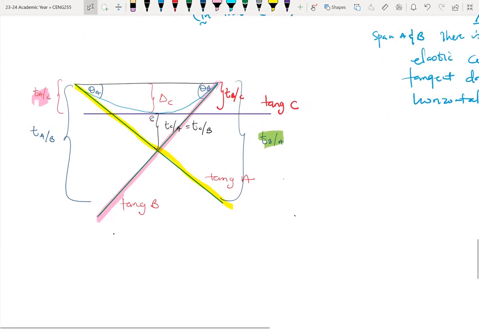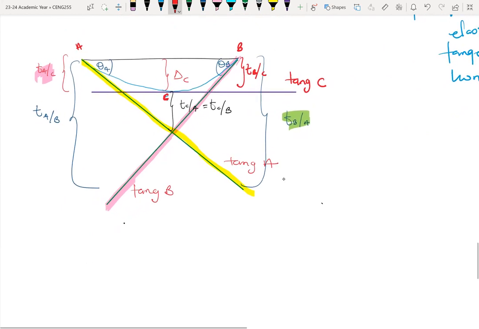So if this is point A, this is point C on the elastic curve, this is point B on the elastic curve. The vertical deviation from point A to the tangent drawn from B is given as TAB. And then the vertical deviation from point B with respect to the tangent drawn from A becomes TBA.